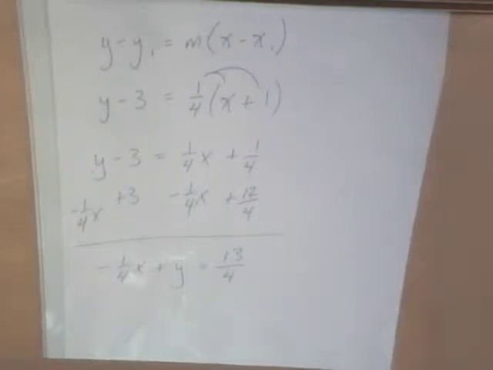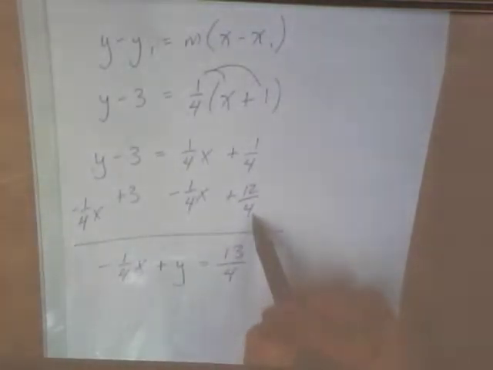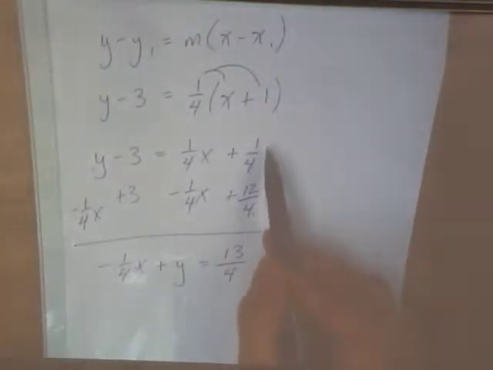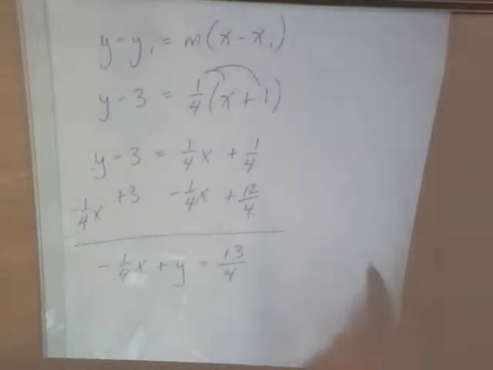Before we move on, you have a question? Yes, sir. How does -1/4 plus 12/4 equal 13/4? Well, we have common denominators, right? So you just add the numerators and keep the denominator. 1 and 12 is 13.